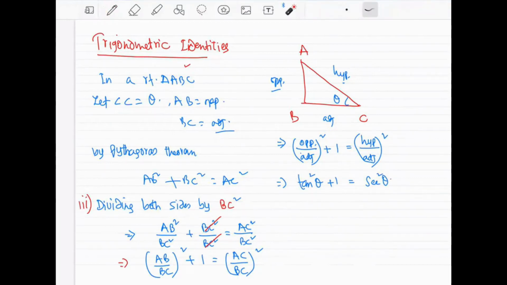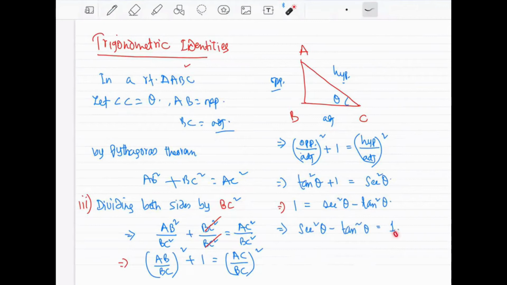You can remember this formula in another way. I can take the tan square theta to the other side. So we will have 1 is equal to sec square theta minus tan square theta. The tan square theta is brought to the right hand side. Change sides, we will have sec square theta minus tan square theta is equal to 1.